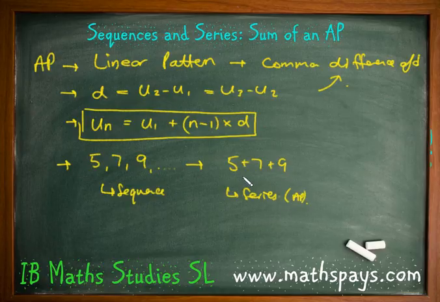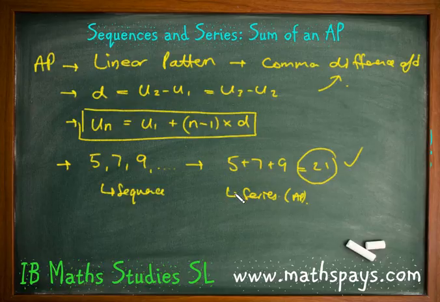If I had 5 plus 7 plus 9, I'd just say that's 12 plus 9 is 21, and I'll get my answer and move on. But we might be asked to find the sum of the first 20, or the first 100 numbers in this particular series, which can be quite challenging.